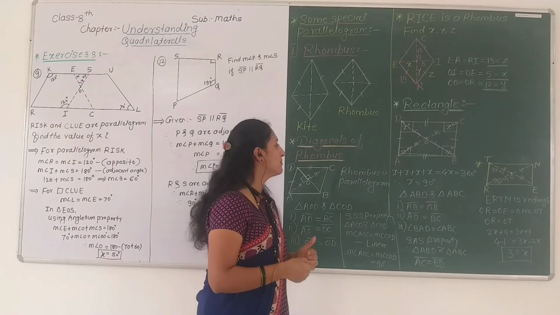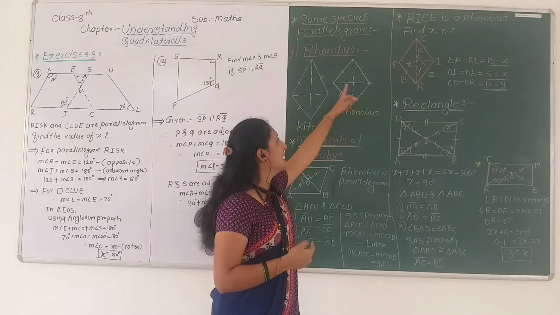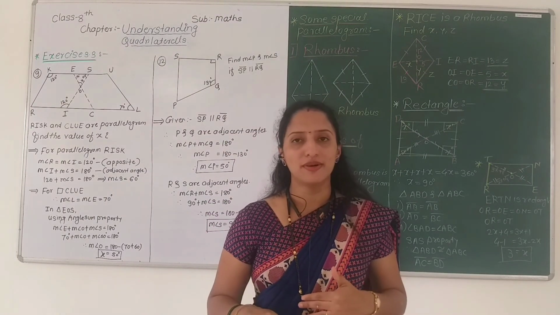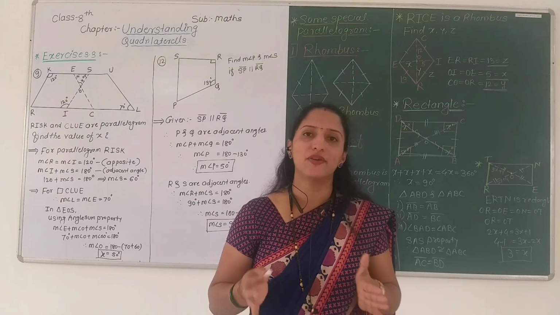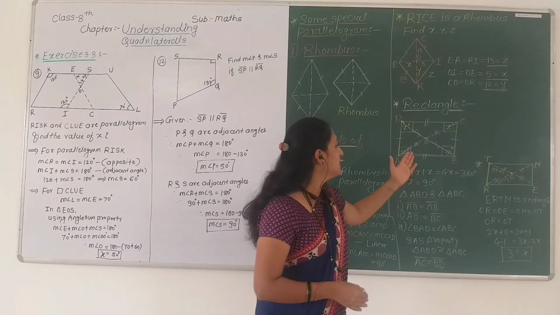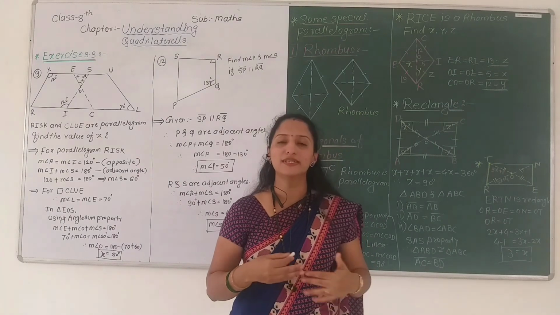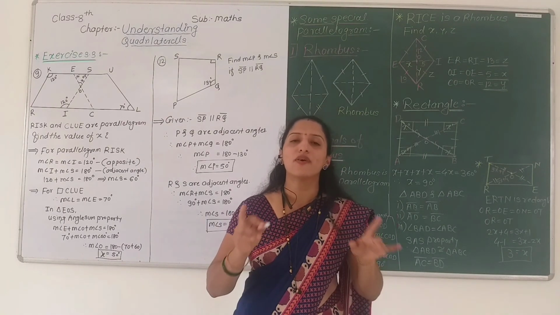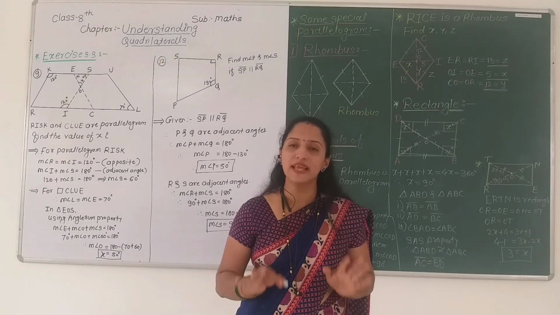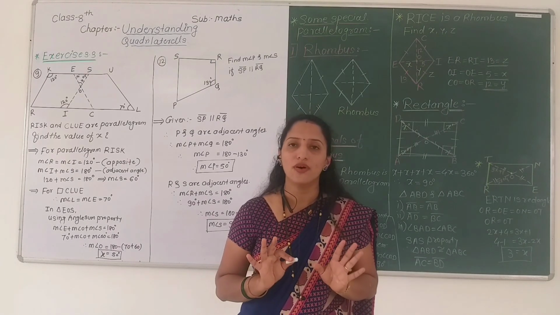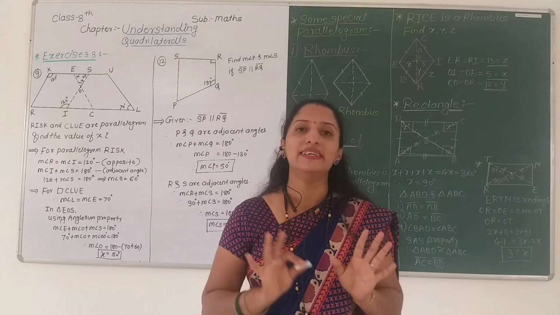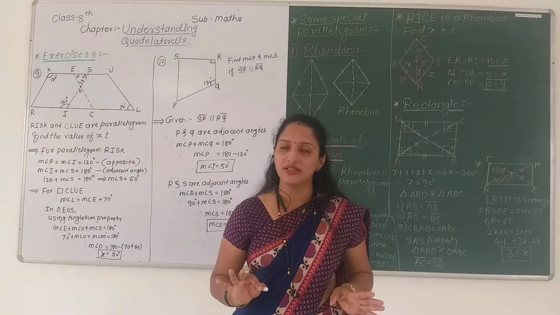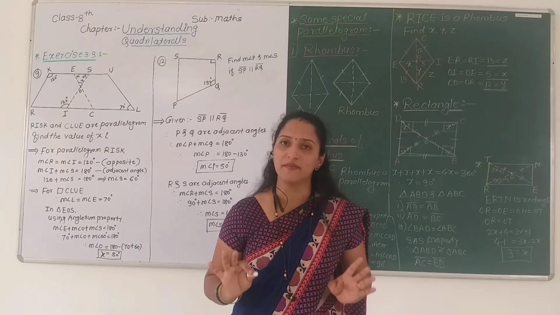All the sides of a rhombus are the same, and diagonals of a rhombus are perpendicular bisectors of each other. Also, in a rectangle, opposite sides are the same and they are parallel. But all the angles of a rectangle are of the same measure and they are 90 degrees, right? And diagonals of a rectangle bisect each other, and they are also of the same length.